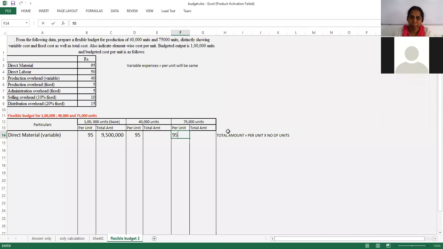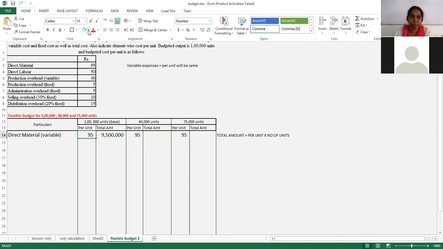However many units they ask for, you apply the same per unit amount. Now you are going to calculate the amount. I am marking the column with this color so it will be easy for you to identify.